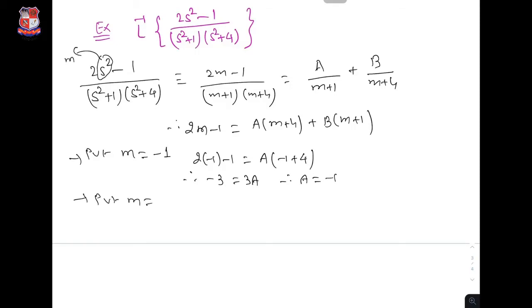Next we put m equal to −4. So 2 into −4 minus 1 equals b into (−4 + 1).